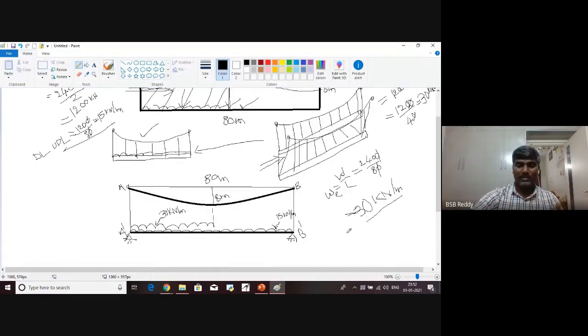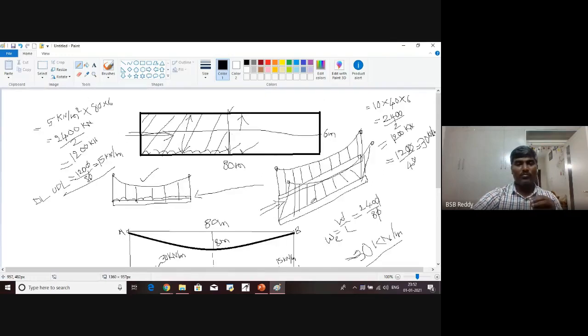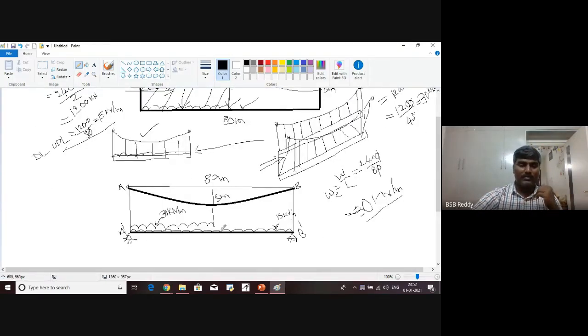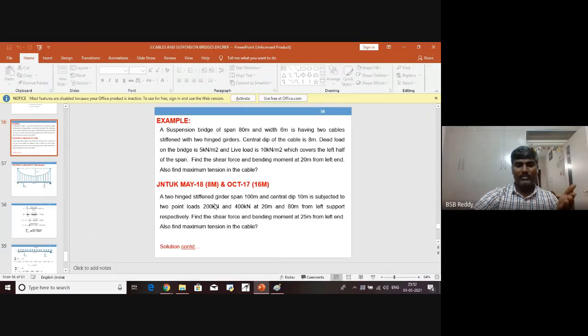Just practice a little over this. If at all such a problem is given, you need a little more practice. If straight away a point load or UDL on the girder is given, there is no problem like this. You have a stiffening girder with some span, some dip, and some loads.